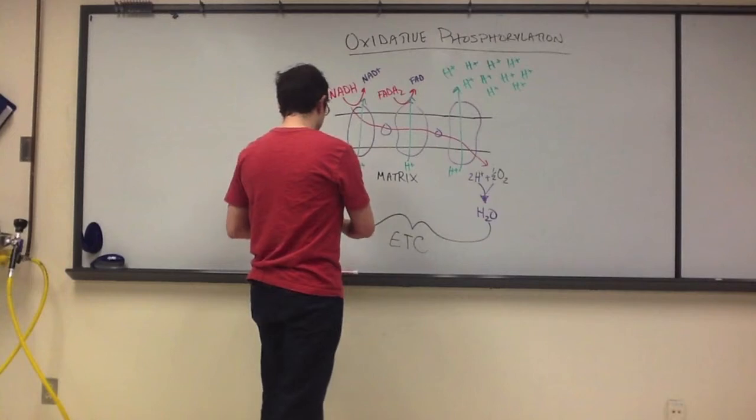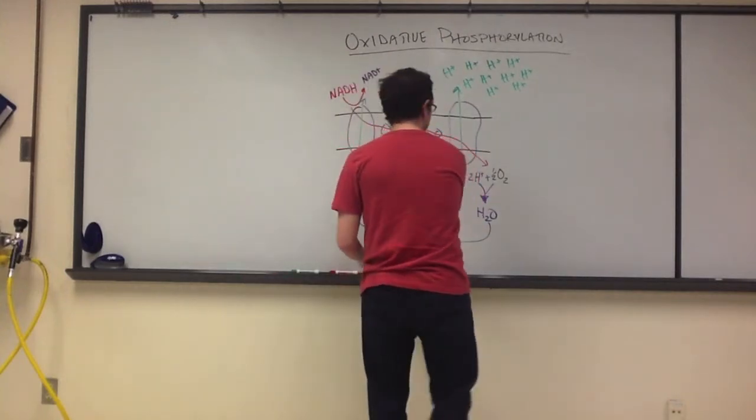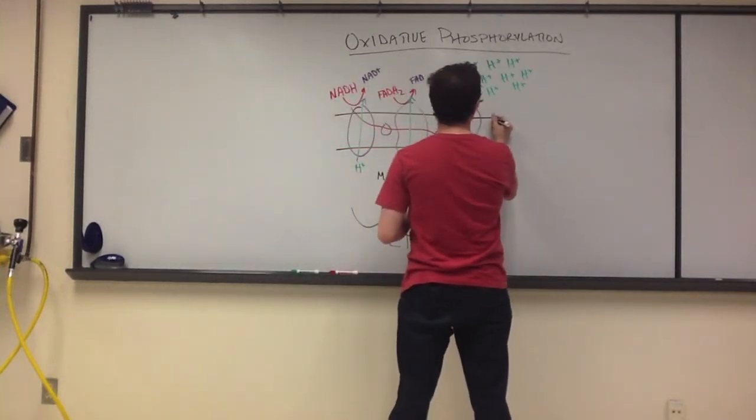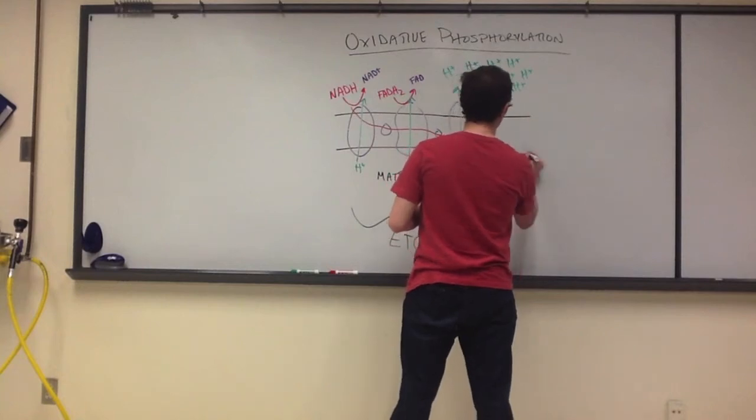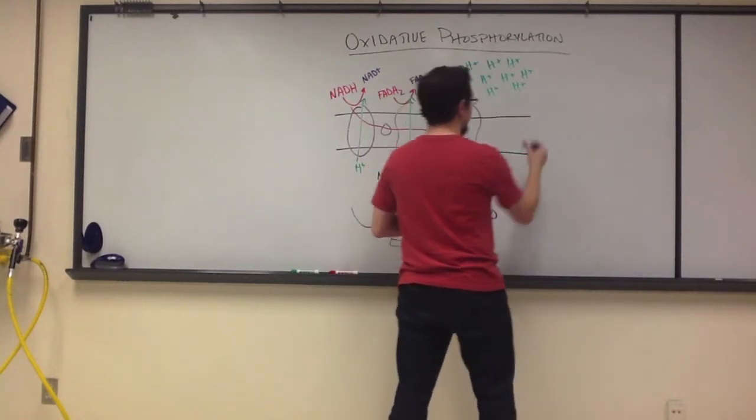The second process, chemiosmosis, utilizes a specialized enzyme that looks like this.